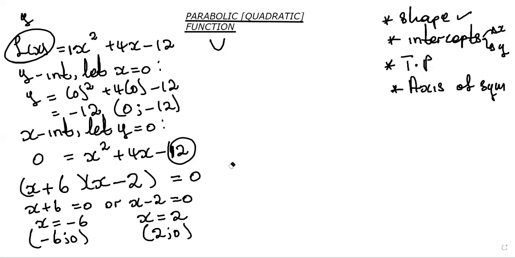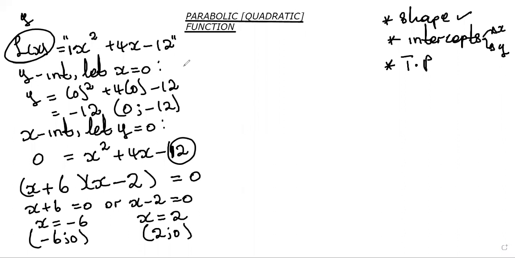After finding intercepts, we need to find the coordinates of the turning point. So how do we do that? It's a little bit difficult to find the coordinates when it is in standard form. So the first thing we want to do is to convert it to the turning point form.